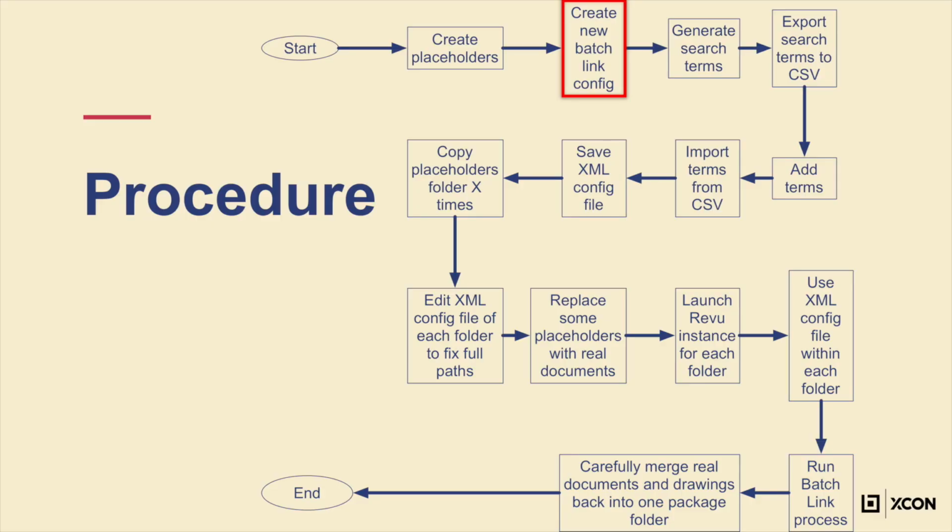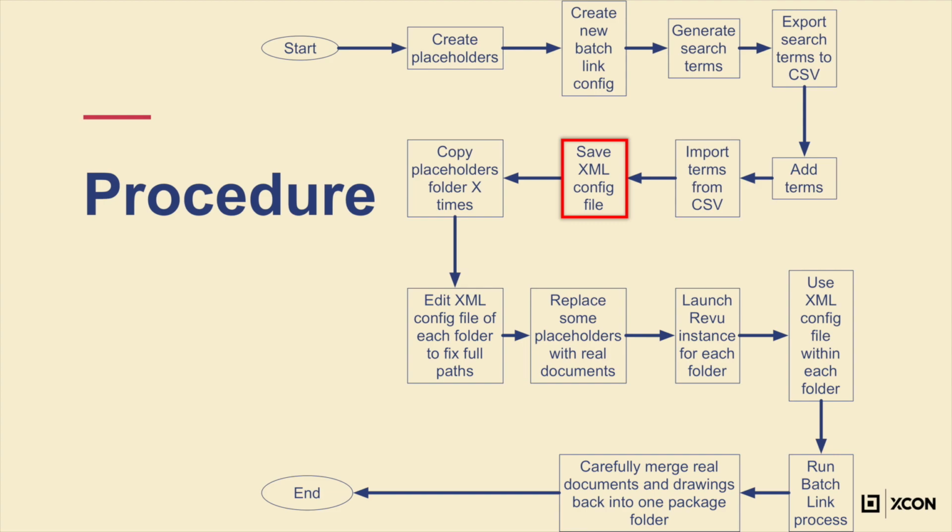After that, you need to go into one of your placeholder sets and start the batch link process in Revu to start setting it up, right? Pick the folders, generate your search terms. If you need to account for inconsistencies, then export your search terms to CSV, edit them, and then import them again. And then once you've got that set up, you want to save this configuration file.